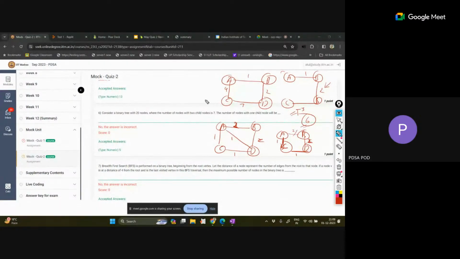Both have different logic and different algorithms. If you are applying the Kruskal algorithm, maybe Kruskal will select this AB edge first. But maybe Prim's algorithm, where the process is totally different, may select this BD. But the total weight of the minimum spanning tree will be the same. So 1 plus 1 plus 2, you will get 4.